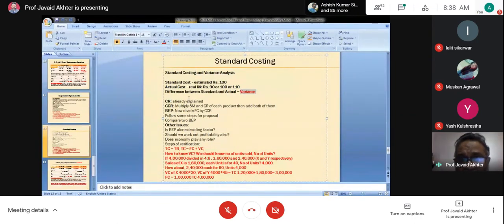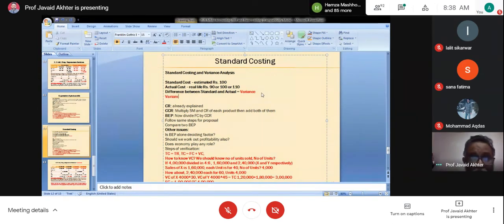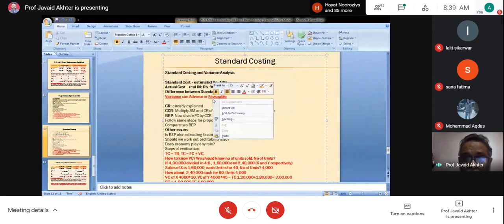If the standard cost differs from the actual cost, the figure that you get is known as variance. Is the meaning of variance clear? Yes, sir. Okay. Now variance can be of two categories: adverse or favorable. Variance can be adverse or favorable.